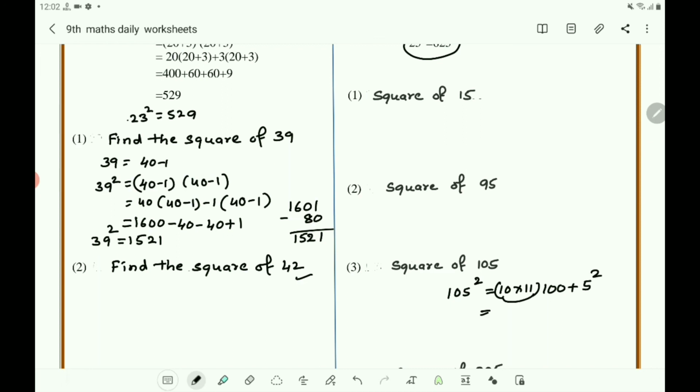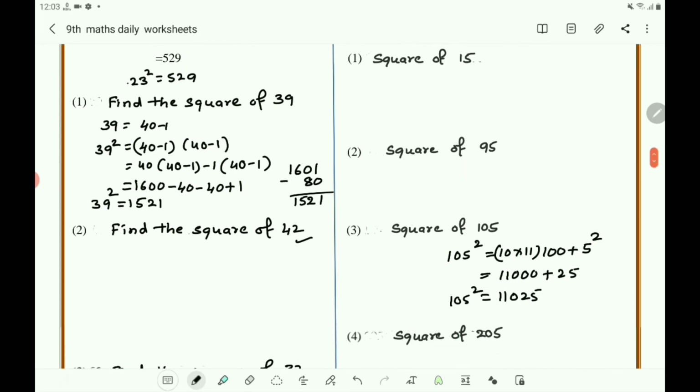Then 10 into 11 is 110. 110 into 100 is 11,000. Plus 5 square is 25. Add this: 11,000 plus 25, you will get 11,025. That is, the square of 105 is 11,025.